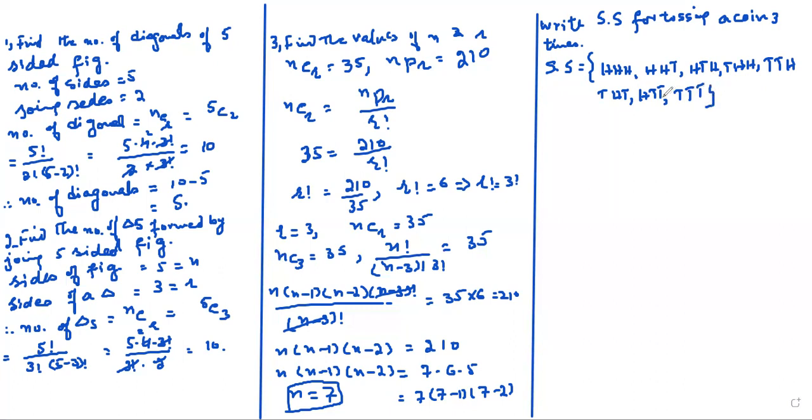So just count them: 1, 2, 3, 4, 5, 6, 7, 8. So n(S) equals 8. This is our required answer, and this is the sample space for tossing a coin 3 times, or tossing 3 coins together.